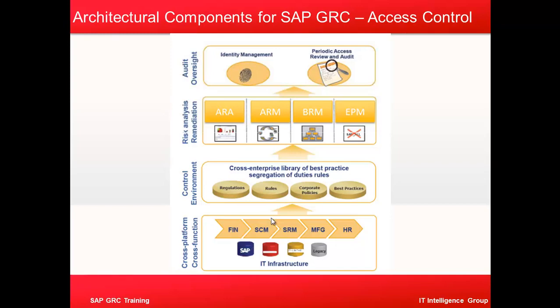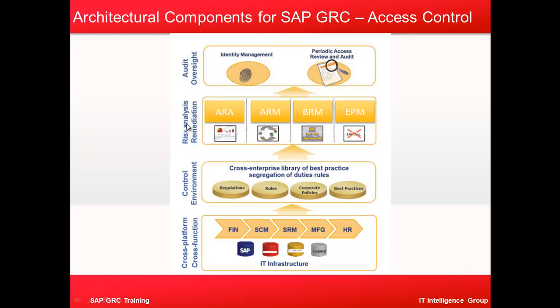So this is the platform that you are protecting, and to protect this you require a controlled environment, that is a cross-enterprise library for best practice, segregation of duty roles. So you have regulations, rules, corporate policies, and best practices.